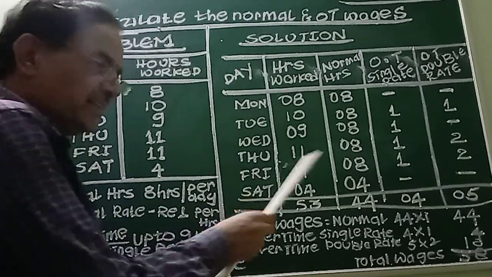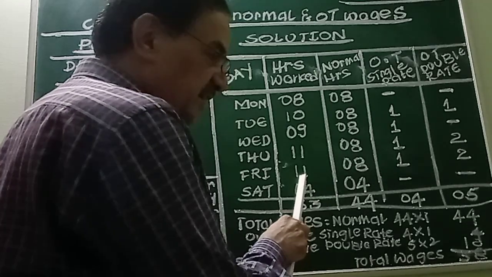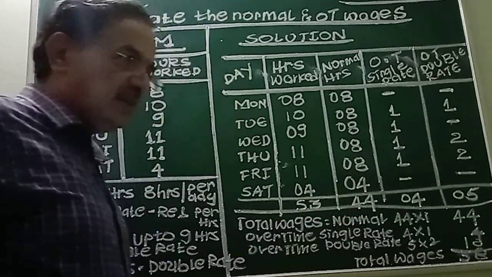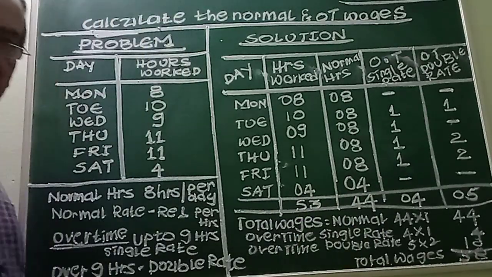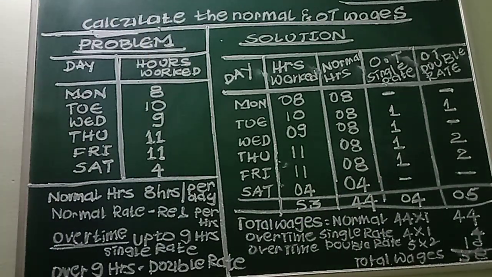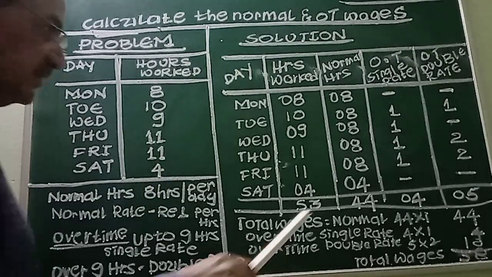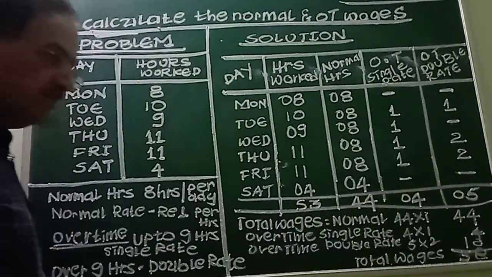Coming to Friday, same thing. 11 hours he has worked. 8 hours is the normal. Up to 9 hours, single rate, 1. If he exceeds 9 hours, he will be included under the double rate, 2 hours. That's a very important thing.